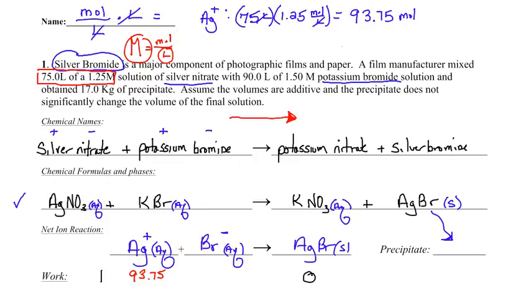Let's go look for the other one. Let's go look for the bromide ions, Br negative. The information there is we have 90 liters, and we're multiplying that by 1.50 mole per liter. The liters go bye-bye, we're left with moles, and we do the math, and we get 135 moles of bromide ions.